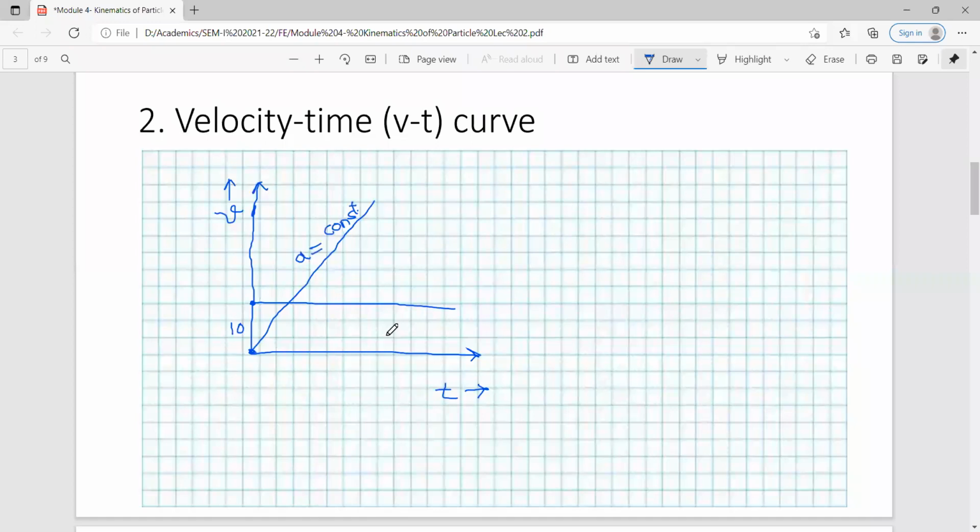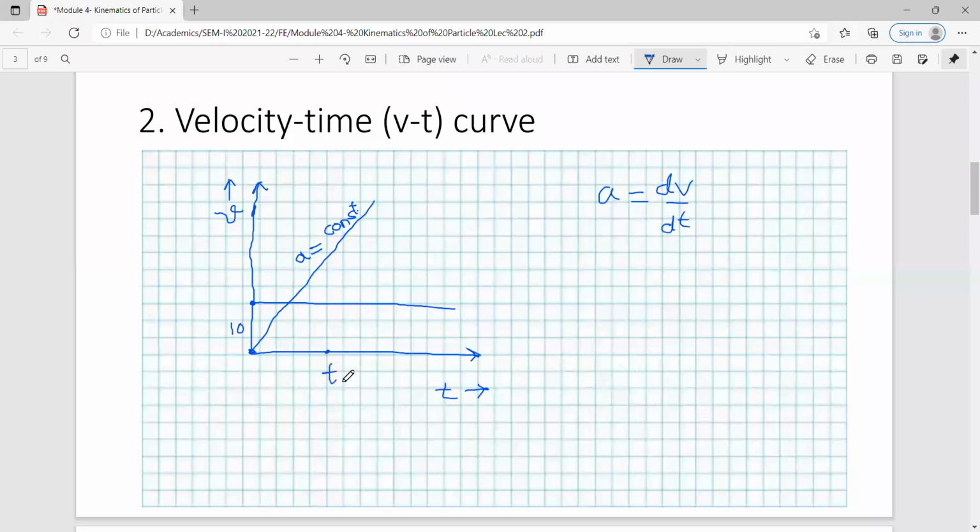By definition, acceleration is nothing but change in velocity with respect to time. If you have a graph of velocity versus time, you can calculate this acceleration at any point, at any time. Suppose I want to calculate the acceleration here.